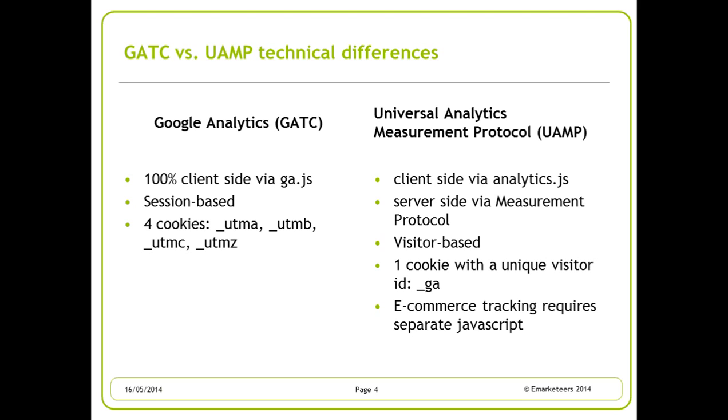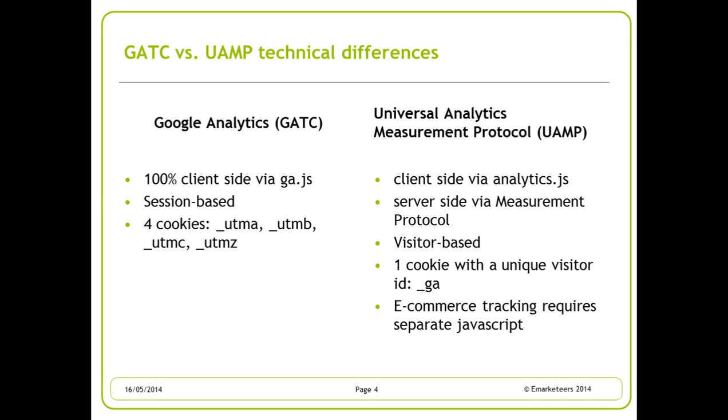So first of all, what's actually this big deal about Universal Analytics, and what is the big difference with Google Analytics as we used to know it? GATC, Google Analytics Tracking Code, and now we have Universal Analytics Measurement Protocol, UAMP. Well, first of all, the old Google Analytics measurement happened 100% client-side, so with JavaScript, through browser and cookies.